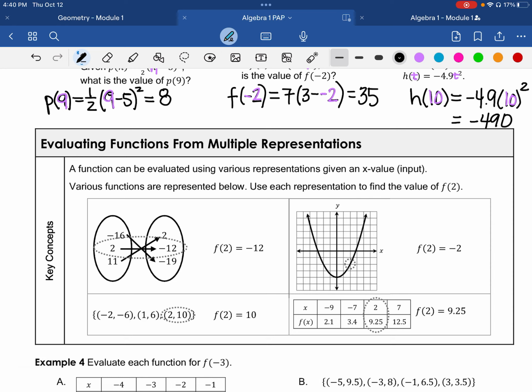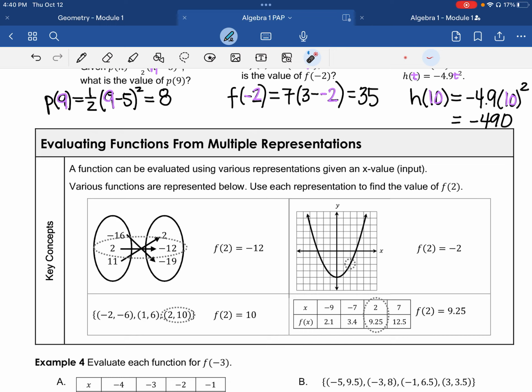We can evaluate our functions using multiple representations. We can evaluate our functions based on a mapping, a graph, a set of ordered pairs, and a table. In this table, they have shown you various functions represented below. Each of them is showing you how to find the value of f of 2.